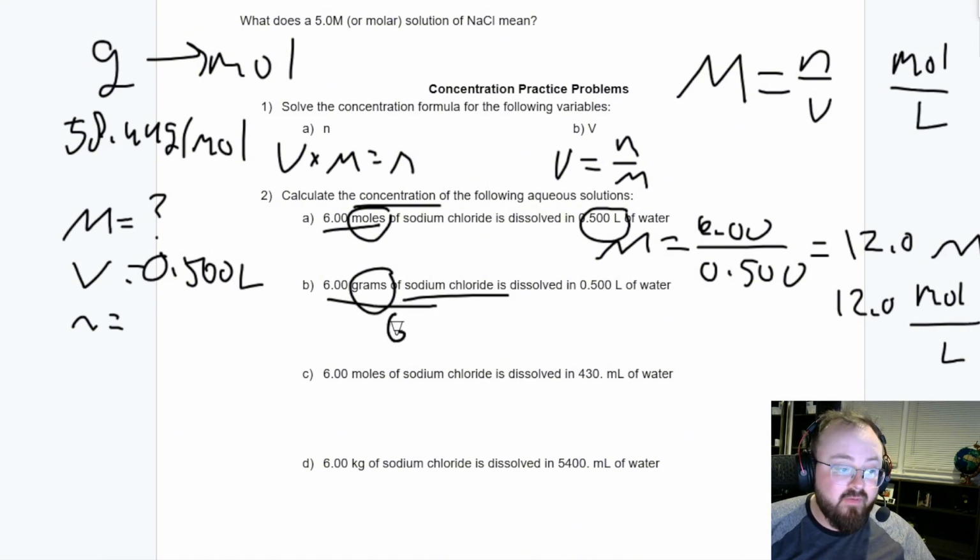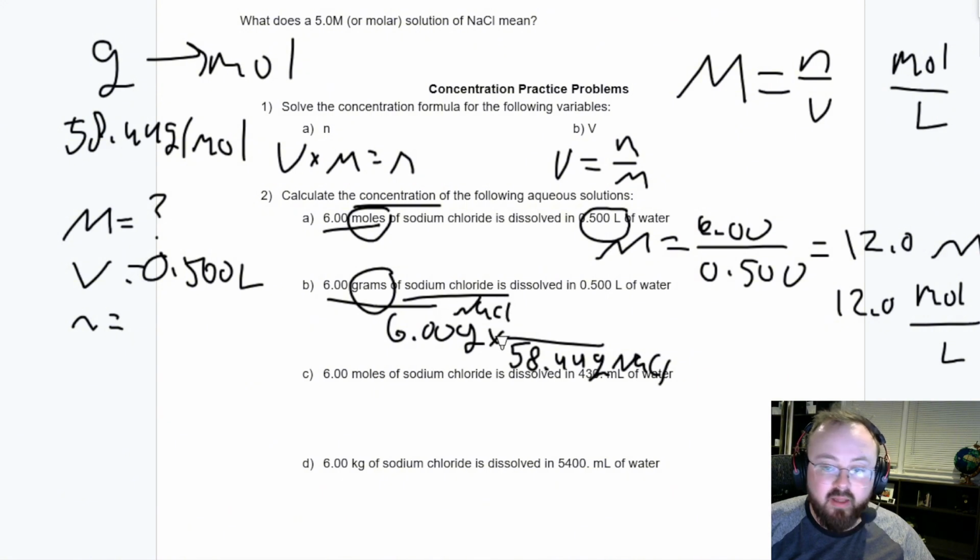The first thing that we have to do is convert from 6.00 grams. We got to use our molar mass right up there, right? If you're confused where this is coming from, I do suggest you do some of the prior questions. All right, and this is NaCl. I should be a little bit better with my labeling. Sorry.